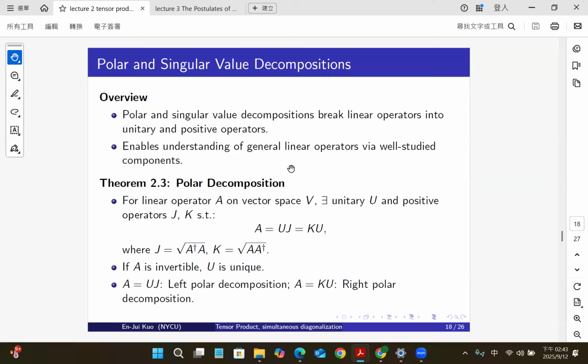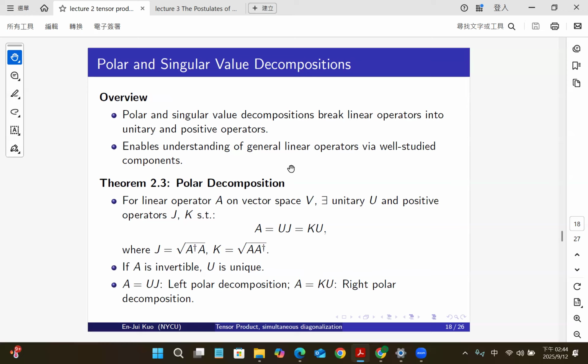In high school, or at least in your first year of university, you learned that you can write a complex number as a real number, a radius, times a phase. So if you look at this, you can see it is a positive number times a unitary, or basically the phase. That means that in matrices, you can naturally generalize this fact into the so-called polar decomposition.